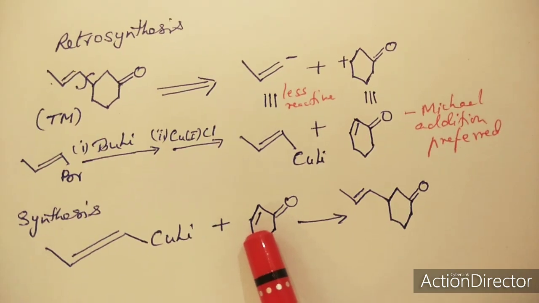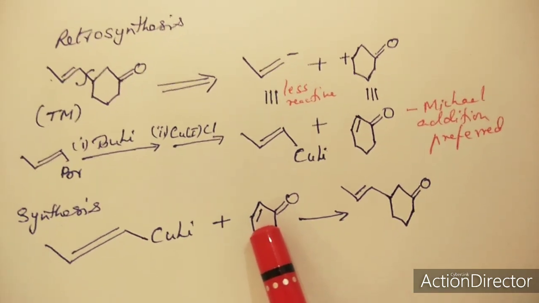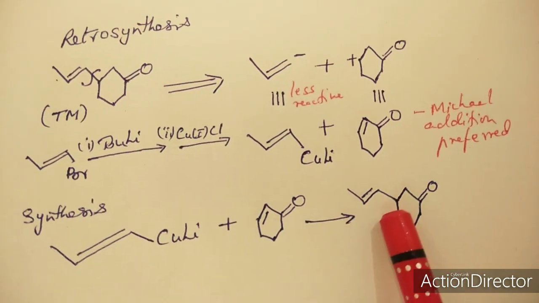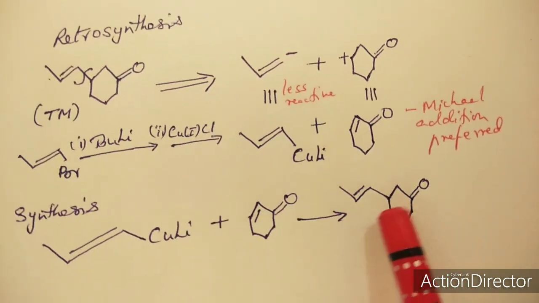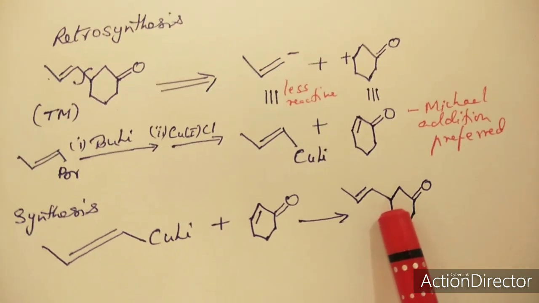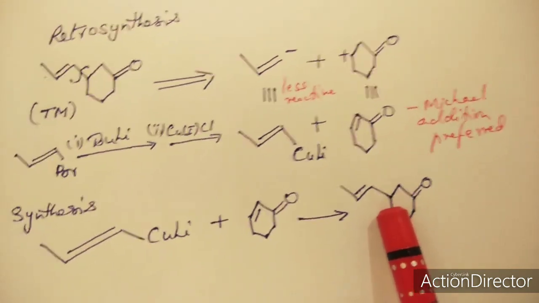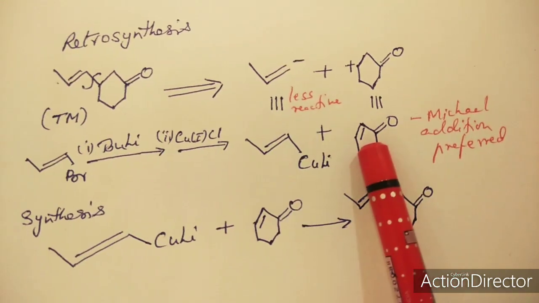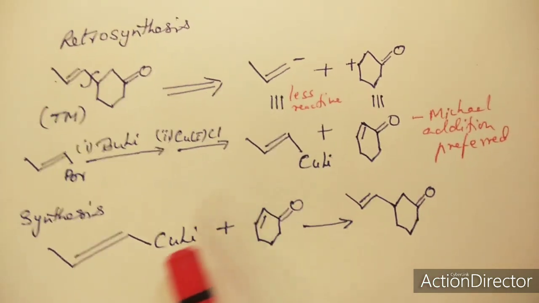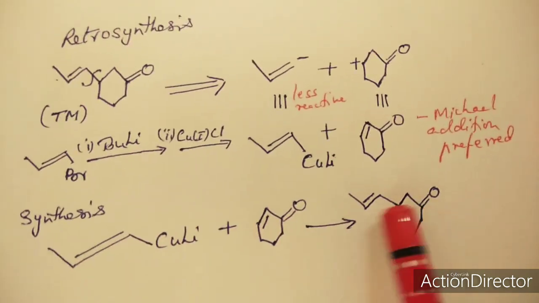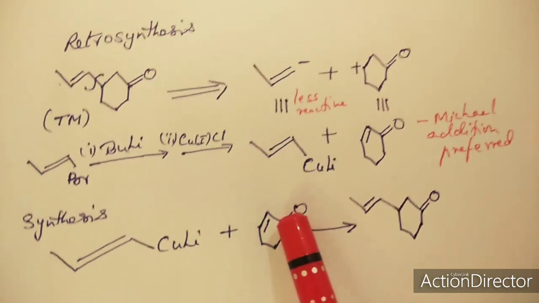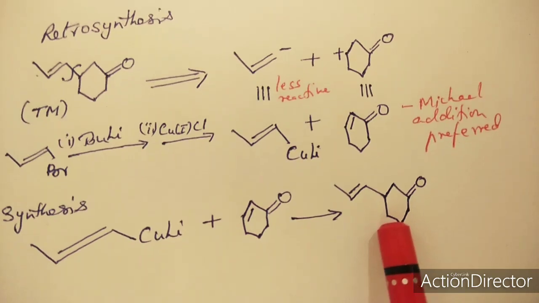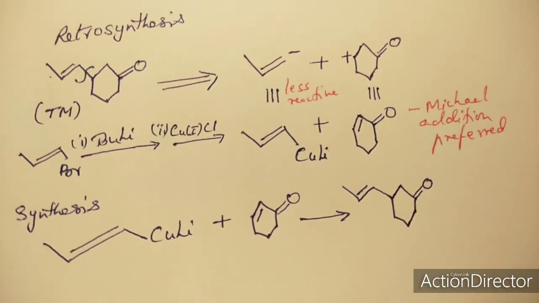The alpha beta unsaturated ketone will therefore not be attacked at this end, rather it will be as we studied earlier in the concepts, if you recollect. So it will give us the product in a Michael addition way because of this alpha beta unsaturated ketone. So this will be carbon negative, this alpha beta unsaturated ketone will be carbon positive, and we will get our required target molecule.